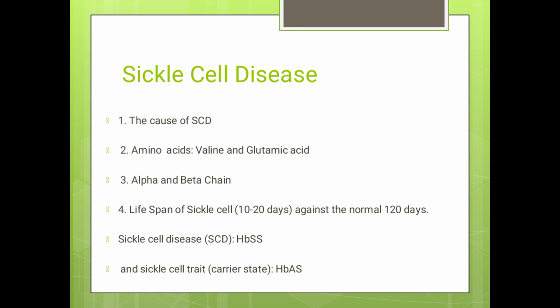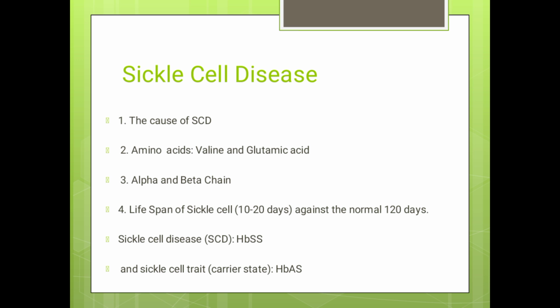But when valine takes the place of glutamic acid, this hemoglobin S will prevent dissolution, so the hemoglobin will not dissolve in the cytoplasm of the red blood cells, making it stiffer or more rigid compared to hemoglobin A. Ladies and gentlemen, this is the scientific basis of sickle cell disease.